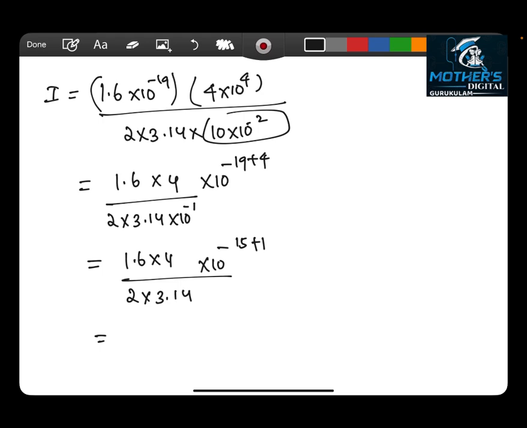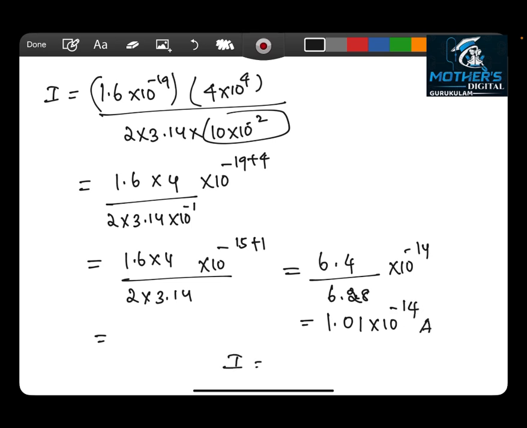So solving this, 1.6 into 4 will be 6.4 divided by 2 into 3.14, which is 6.28, into 10 power minus 14, which can be written as 6.4 divided by 6.28. Solving this, you'll get 1.01 into 10 power minus 14 ampere. Therefore, I equals 1.01 into 10 power minus 14 ampere.